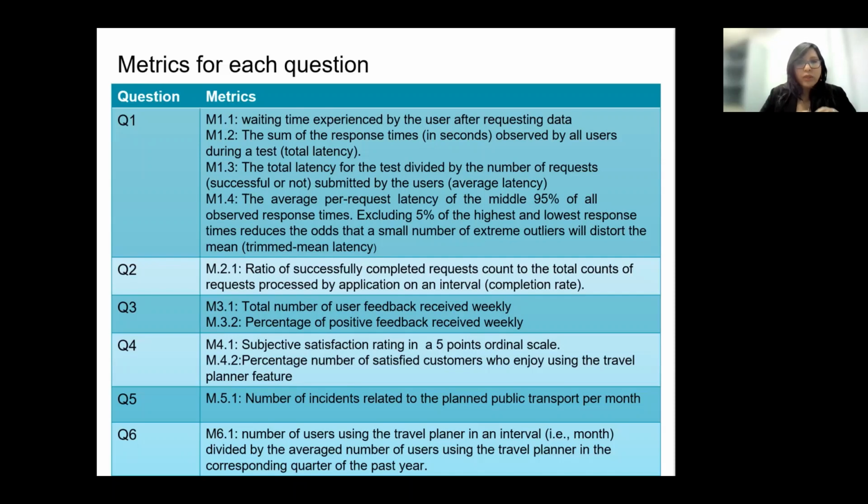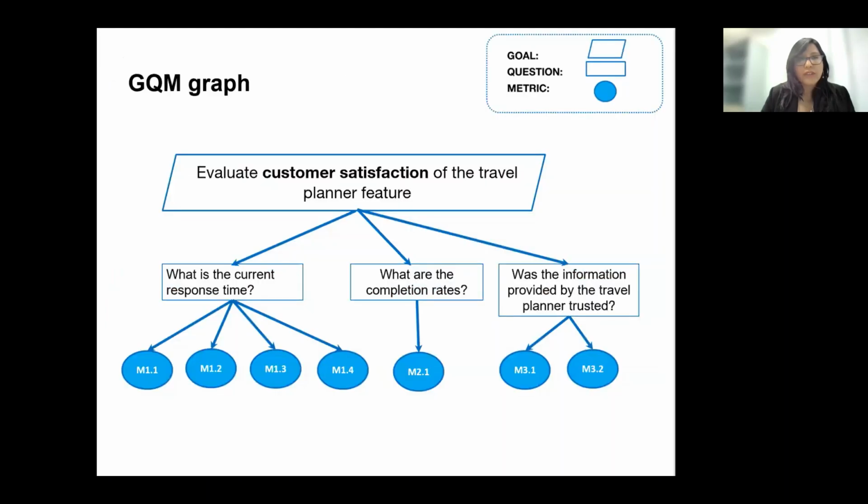And if we want to have an overview of our graph, once we have the metrics defined with identifiers, we can have this graph where we start with the root of the graph, which is the goal.